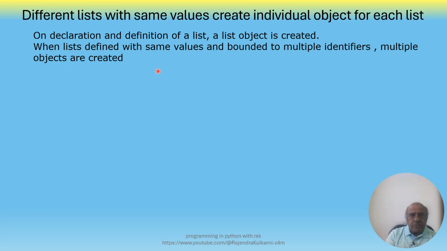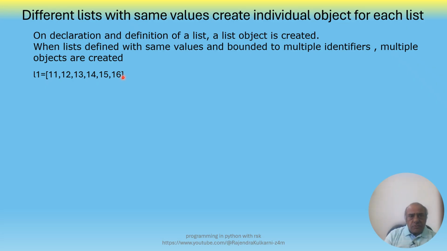In case of basic variables, if the value is the same and we assign that value to different identifiers, the object remains the same. The identifier referring to that object may be different. In case of lists, each identifier assigned with a list has its own object.